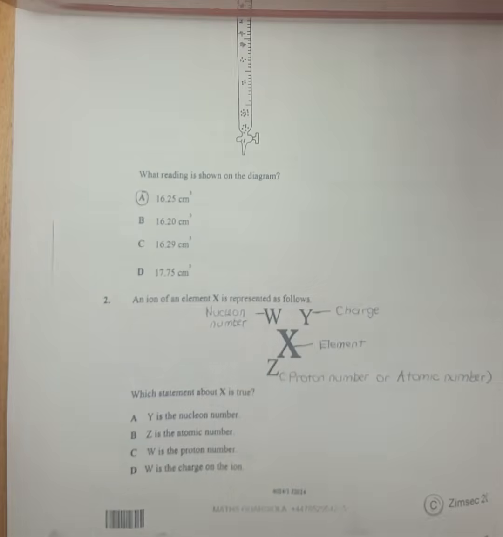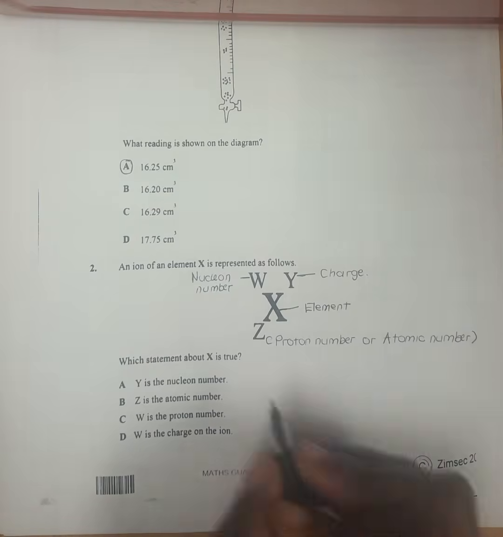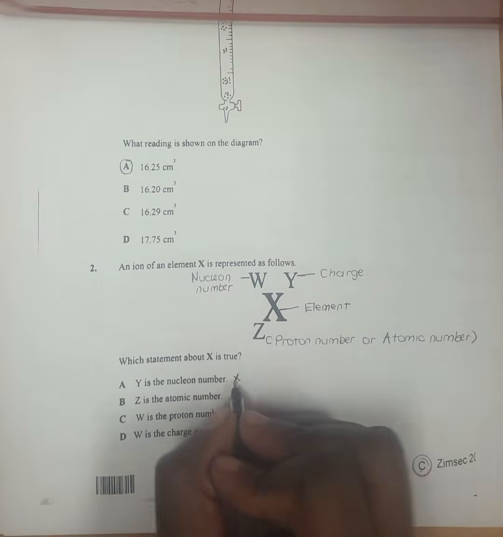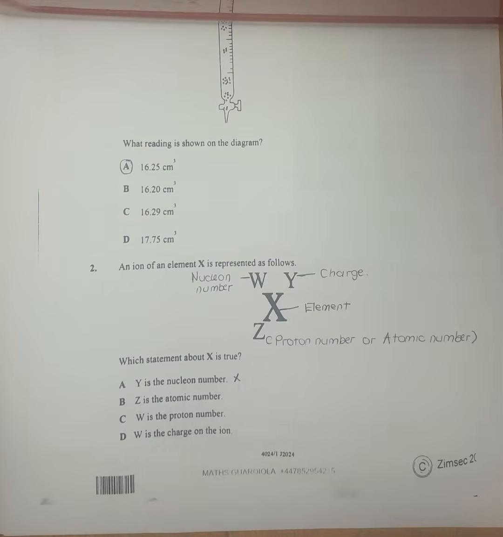So we want now to pick the statement that is correct. So we are going to analyze each and every statement to see if it is correct or wrong. So A is saying Y is the nucleon number. So it is disqualified because we said W is the nucleon number, not Y. And then B, Z is atomic number.